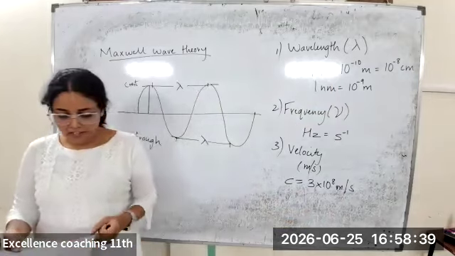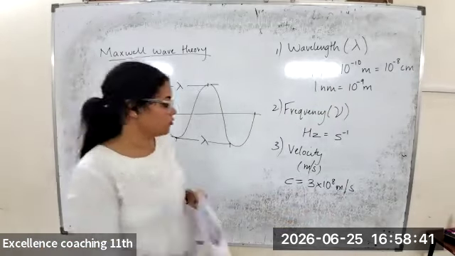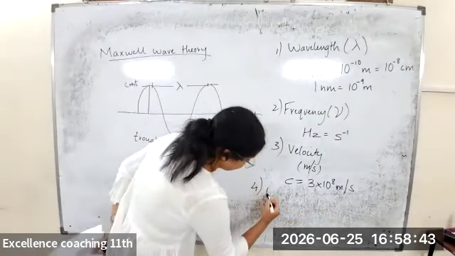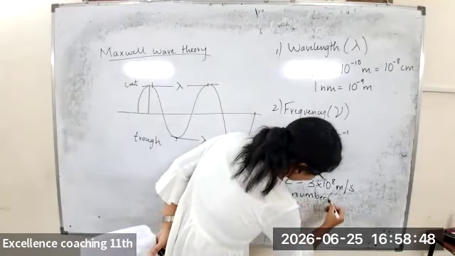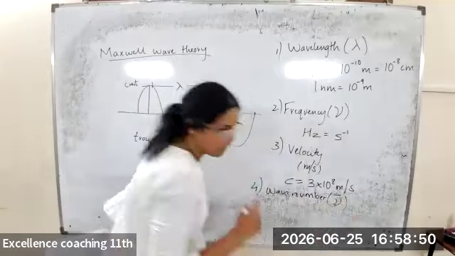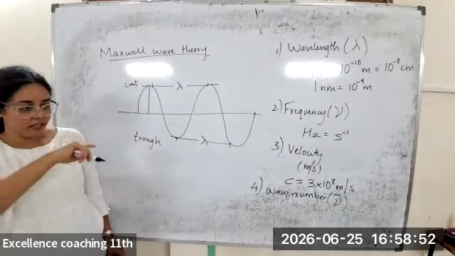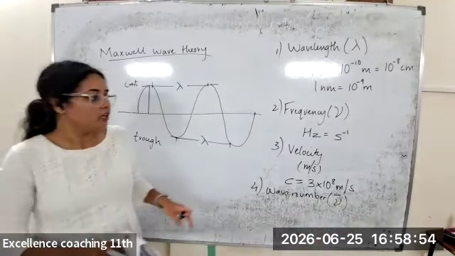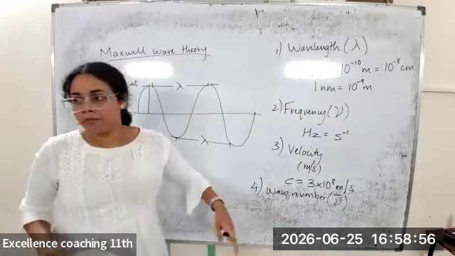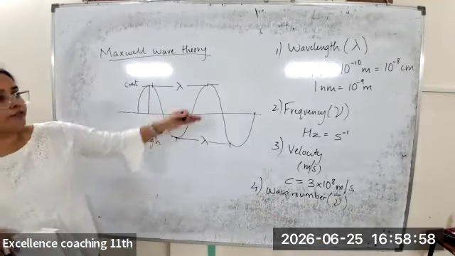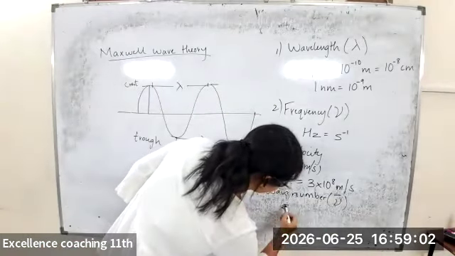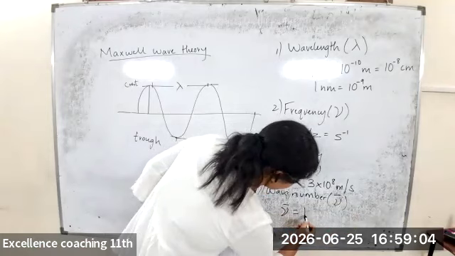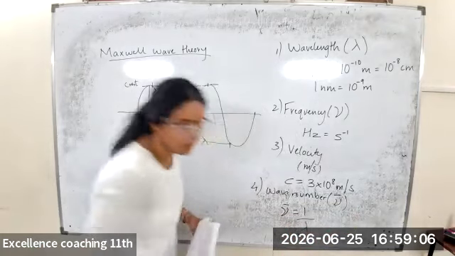Then the fourth one is wave number. We write it as mu dash, mu with a dash on top. Wave number is nothing but the opposite of wavelength. We can write wave number as 1 upon lambda.